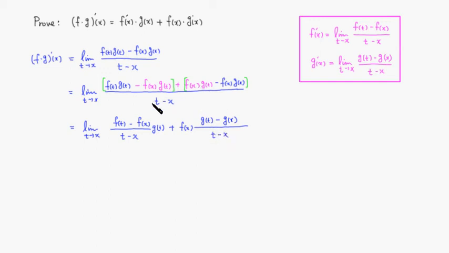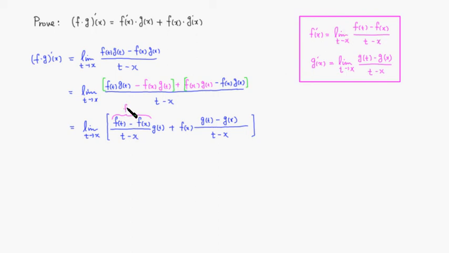Still, we have to distribute the division there. Then what we need to do is just take the limit. But you can see that we know the definition. So this one right here, as t approaches x, is just the definition of f prime.